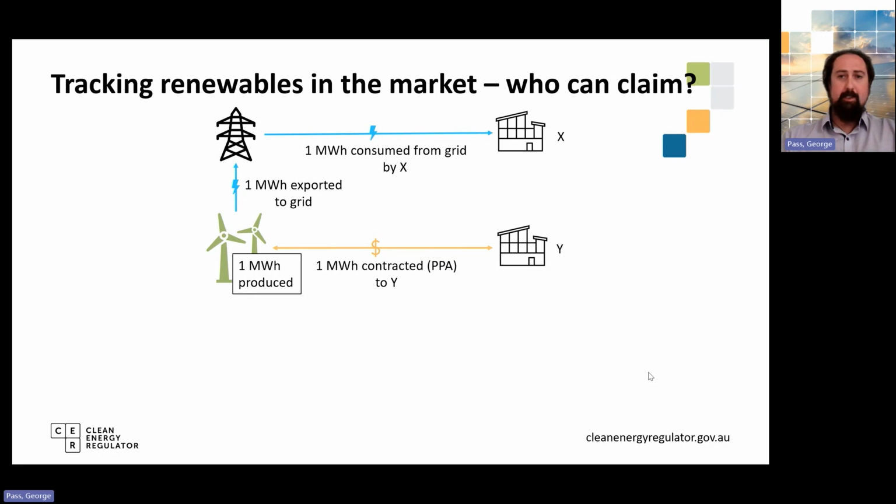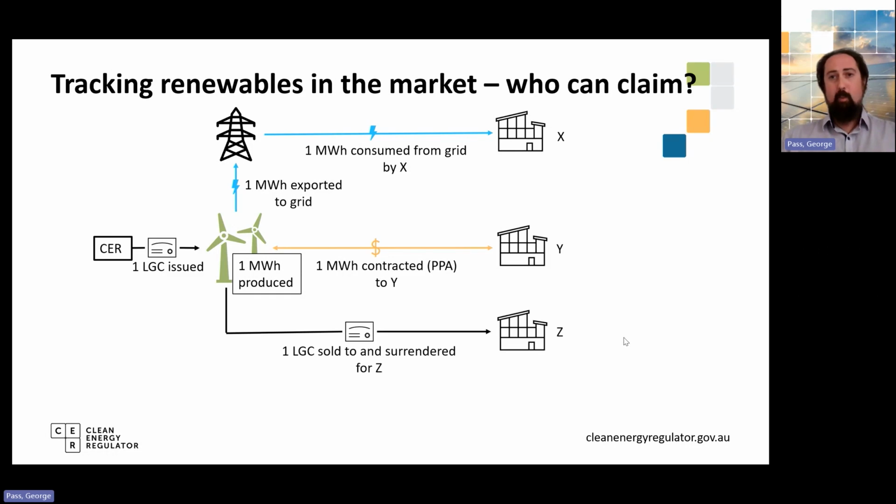Retailers will use these to enable long-term fixed price contracts with their customers, typically. And for large consumers, the contract may be in parallel to a retail supply contract, which is typically there to cover the cost of the poles and wires.